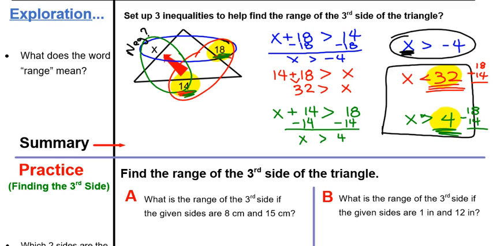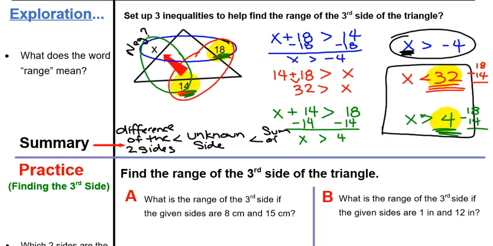So what I want you to write on your paper is the unknown side is always going to be between the difference of the two sides and the sum of the two sides.